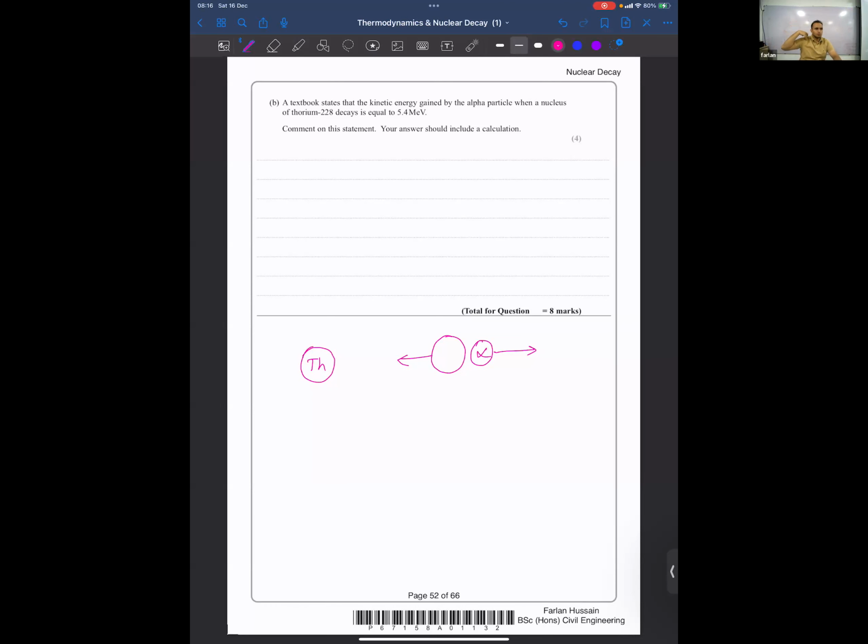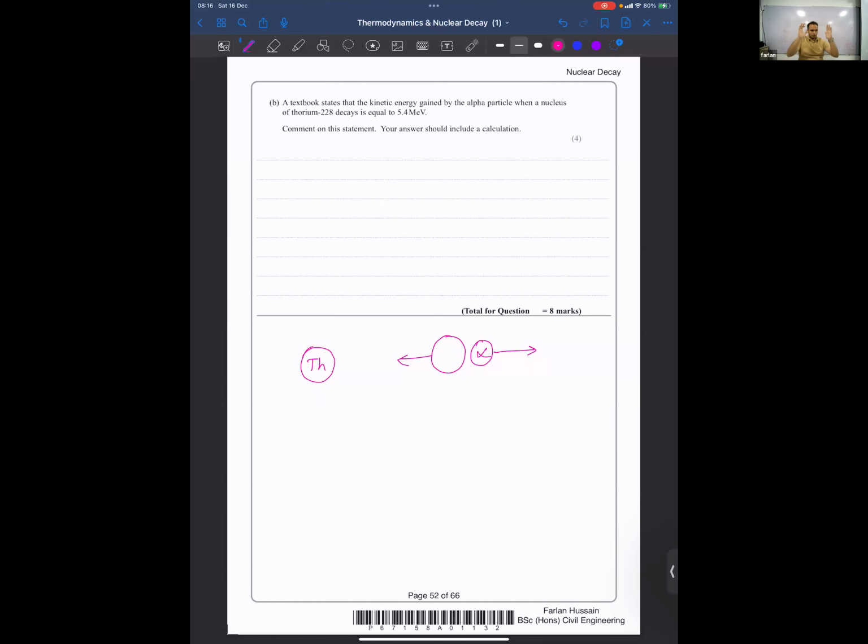When you push someone, you will move in the opposite direction. The same thing when you fire a gun. When the bullet goes in a particular direction, the gun will recoil. For what? For the momentum to be conserved, according to the principle of conservation of linear momentum.